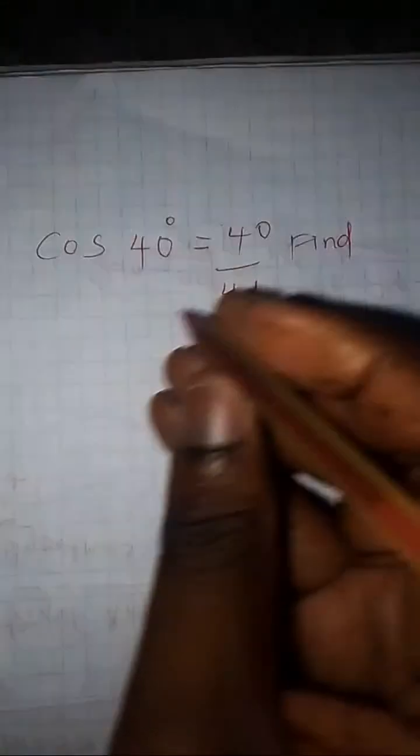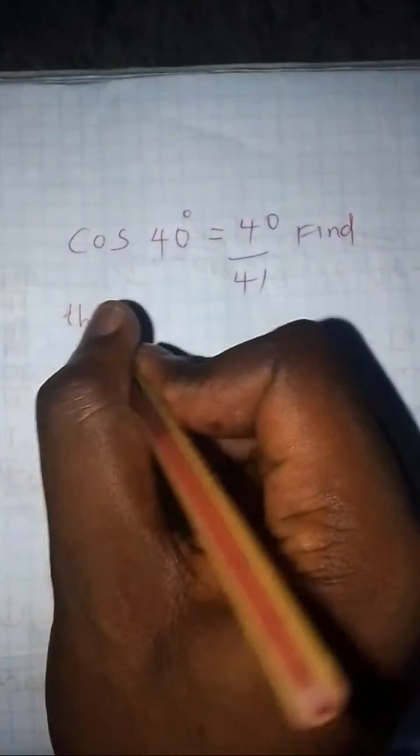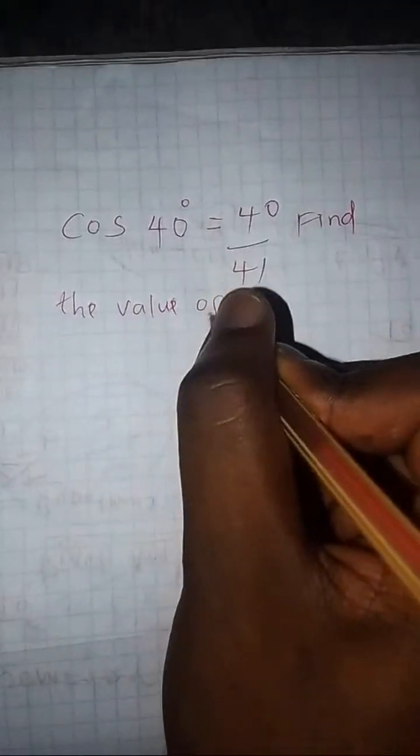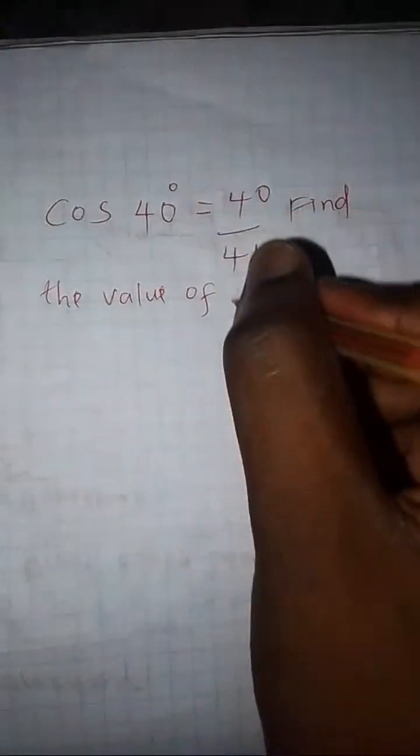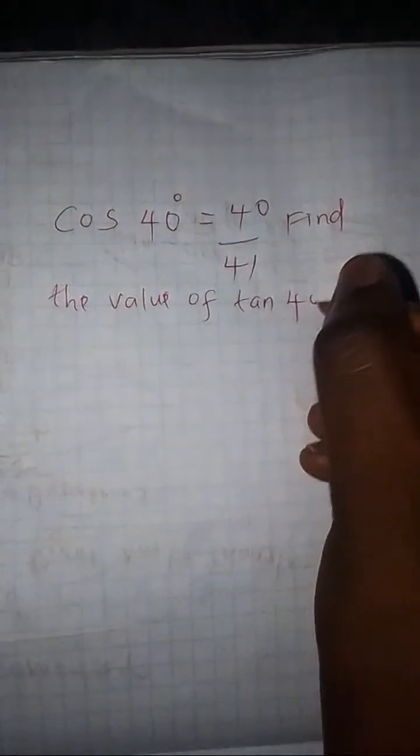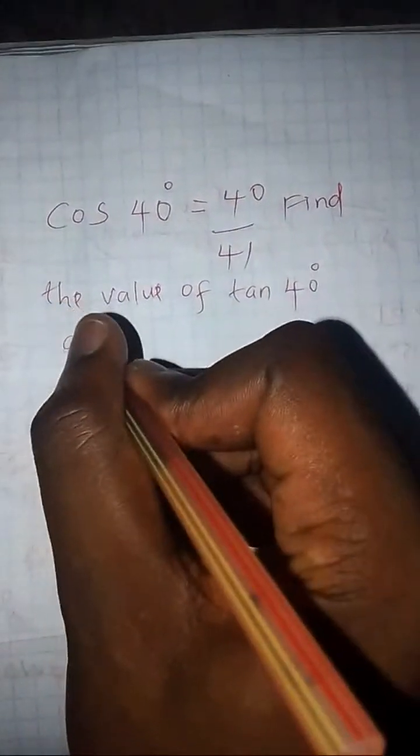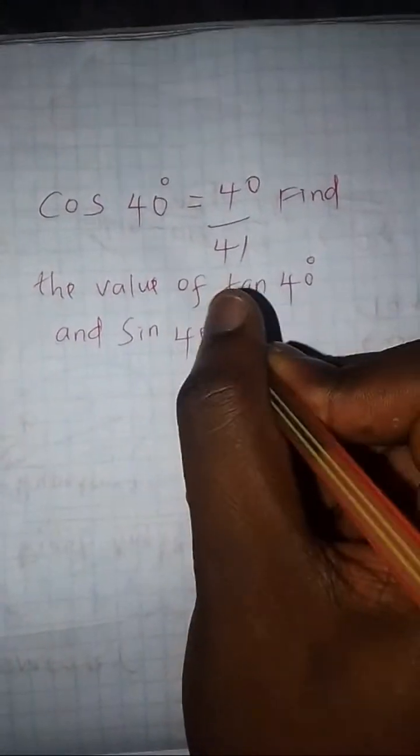The question says, given that cos 40 degrees is equal to 40 over 41, find the value of tan 40 degrees and sine 40 degrees.